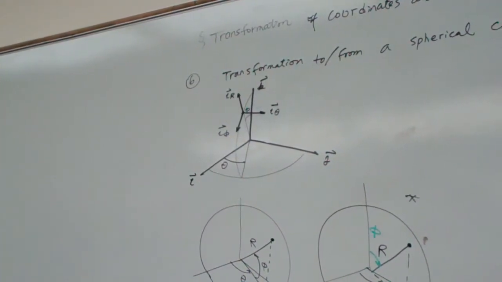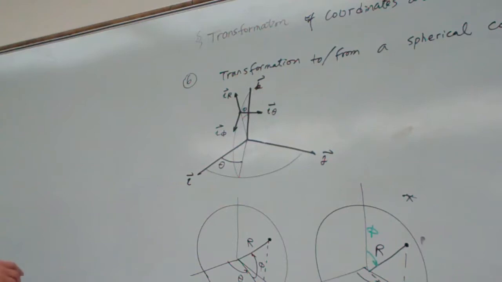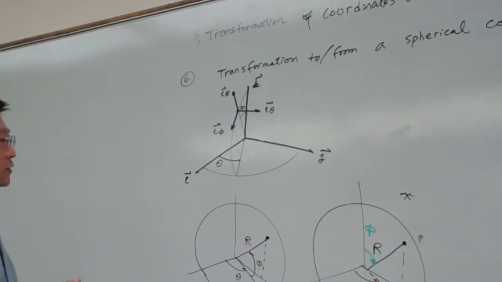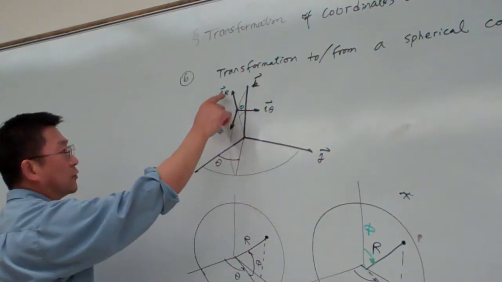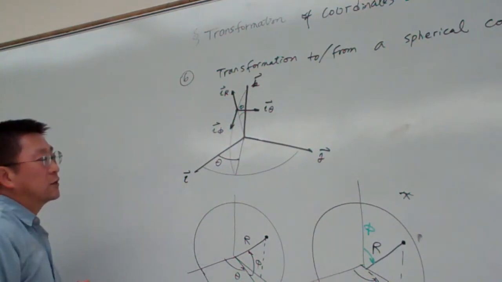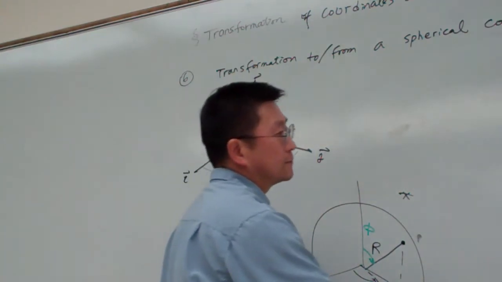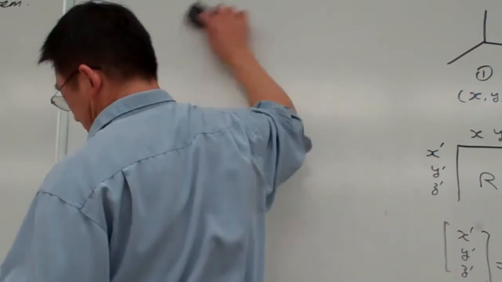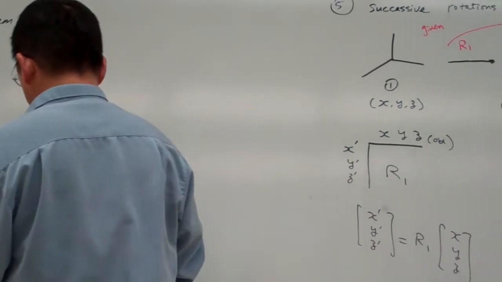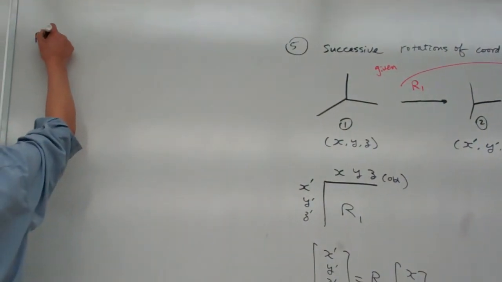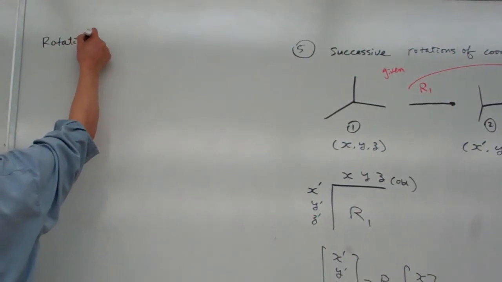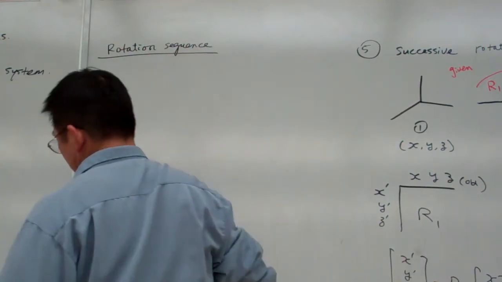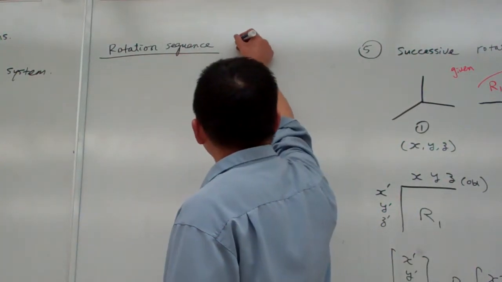From here, we need to know how we can do a series of transformations to get from i, j, k to i_r, i_phi, i_theta. Here we can try a rotation sequence, and here is the summary.